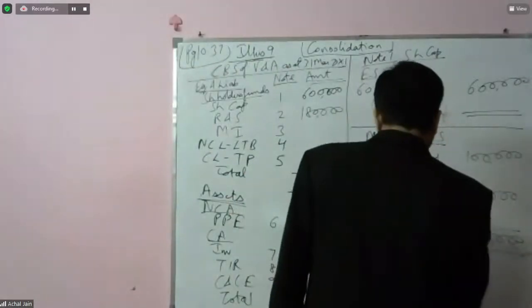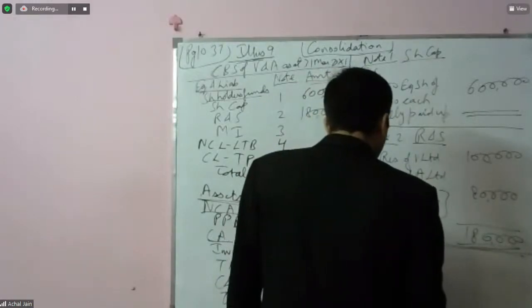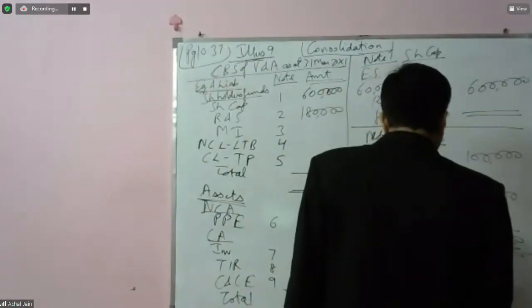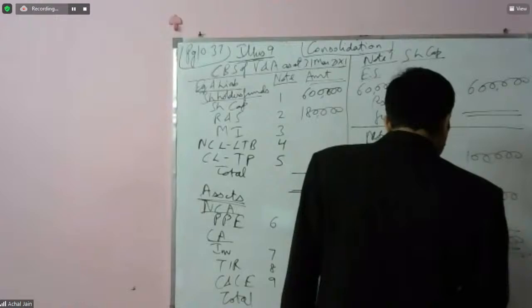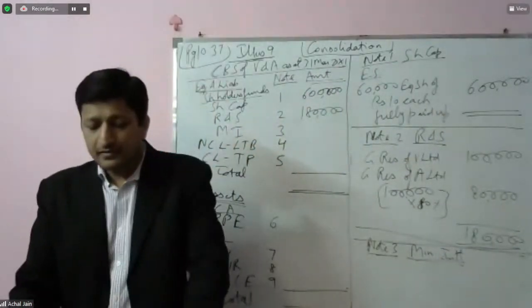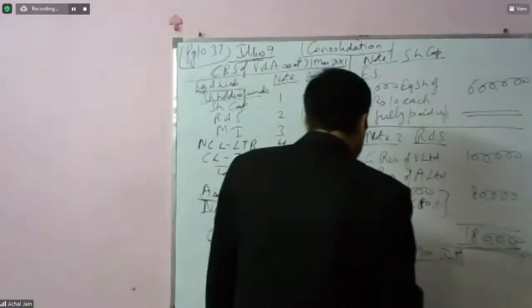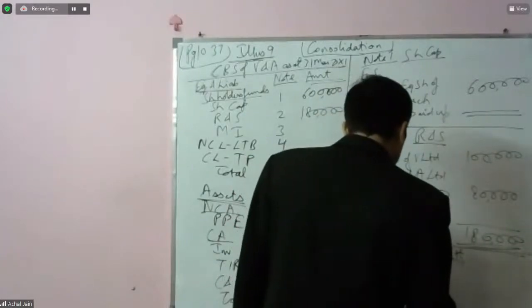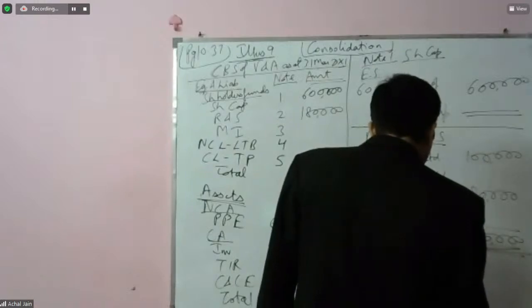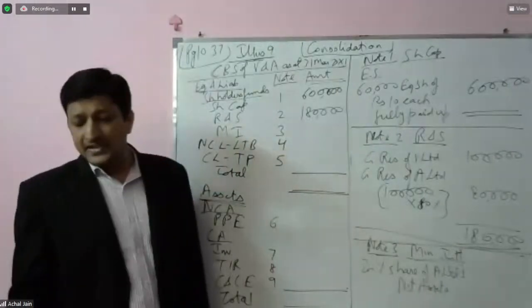Third, the minority interest. For the minority interest, what do we have? 20% share of A Limited's net assets.